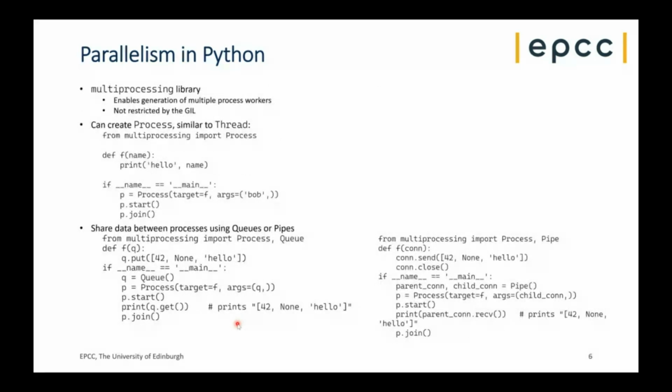You can use the multiprocessing library, which lets you create effectively distributed memory workers, so each individual worker is not sharing anything. In that sense, you're not restricted by the GIL, so you can run them all in parallel. But you have to manually program the communication between them. In the multiprocessing library, that's done with pipes or queues, where you can define a pipe to send data backwards and forwards, and you can then manually send data between individual workers.